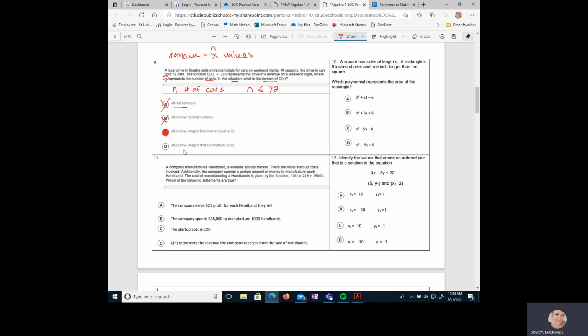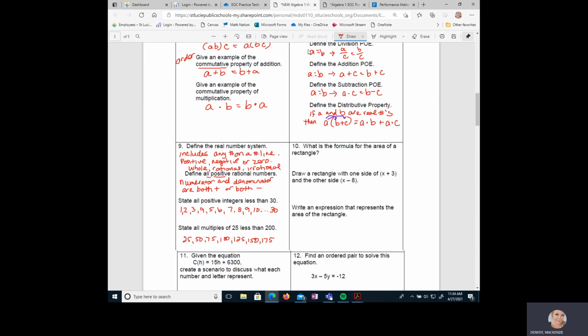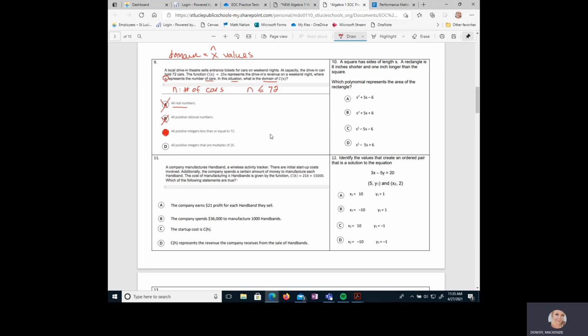And just to make sure, all positive integers that are multiples of 25, well, you can see over here on the workspace, all multiples of 25, we only did up to 200. 125 is a multiple of 25, but 125 is greater than 72. The drive-in cannot hold 175 cars, so that is not an option.